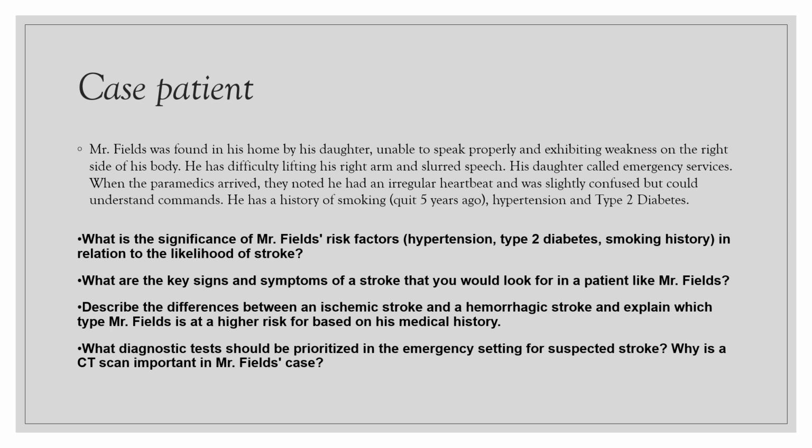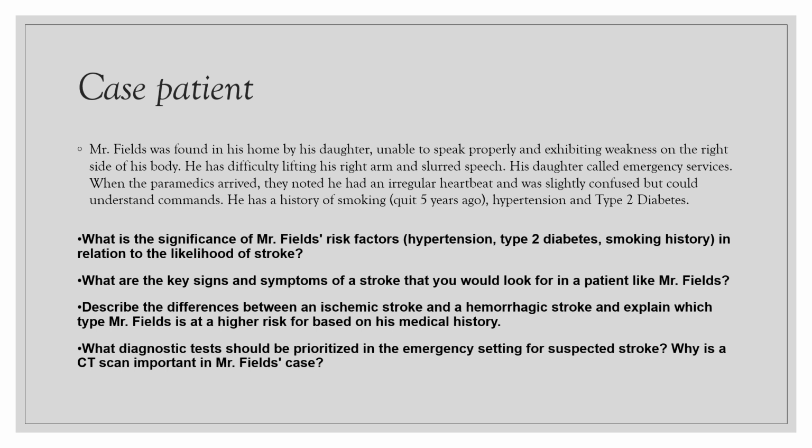And lastly, what diagnostic tests should be prioritized for suspected stroke? So we didn't go into it, but to diagnose a stroke, the patient would have to have a CT scan, and they need a CT scan as soon as possible. So once they suspect a stroke, one of the first things they're going to do is get a CT scan, because remember, time matters in this situation. The more brain tissue that is damaged, the more deficits the patient is going to have.